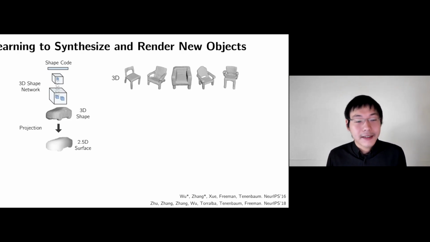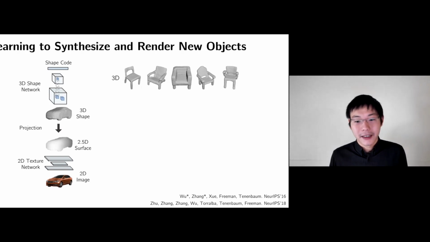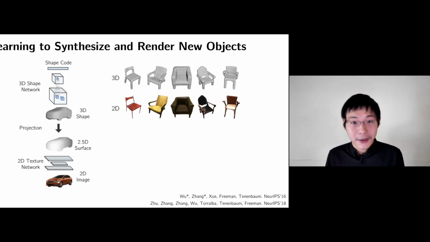And now that it's in 2D, you can apply a 2D image translation model like a CycleGAN, cycle consistency generative adversarial network, which allows you to translate a depth map into a real image of the object, right? So you can synthesize not only a 3D shape, like these new chairs, but also their corresponding 2D images, with the same shape, same viewpoint, but with textures.